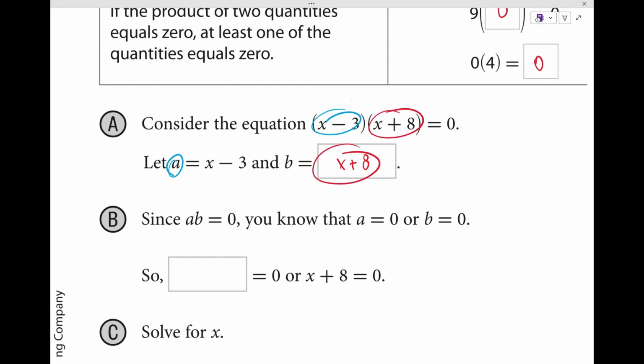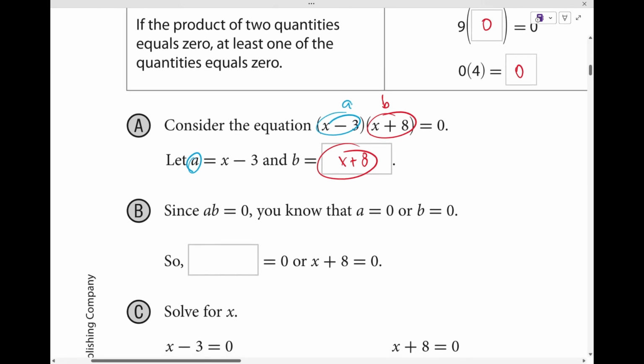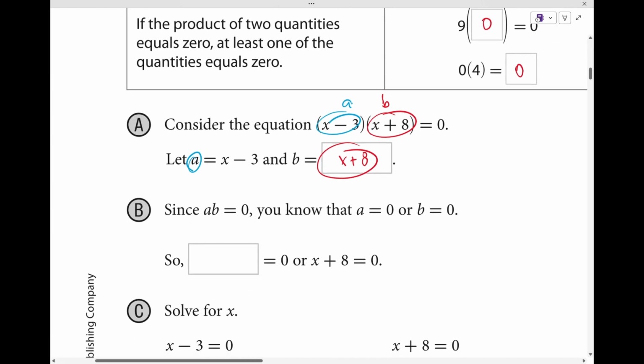I'm doing A times B. So we can use the zero product property. If we know that A times B equals 0, that means, using the zero product property, either A equals 0 or B equals 0.